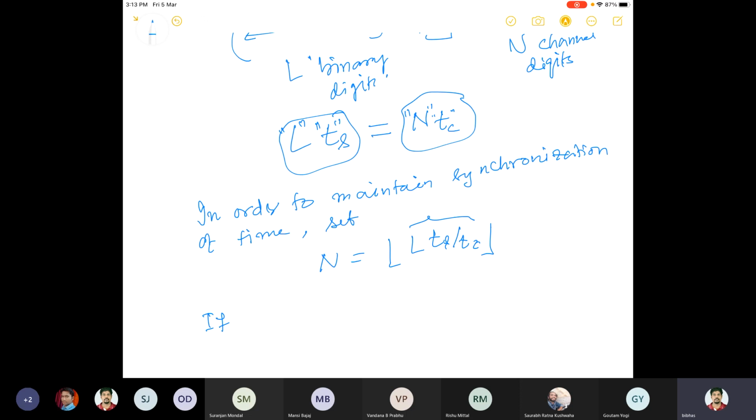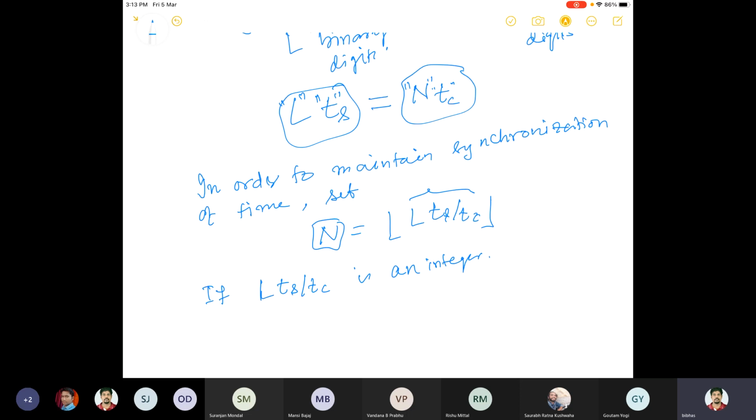If L Ts by Tc is an integer, then I already have the value of n and I don't need to do anything. But if it is not an integer, then I have to put some ad hoc value. That's why I wrote it as a floor function. Some dummy channel digits I have to put in order to make everything equal.